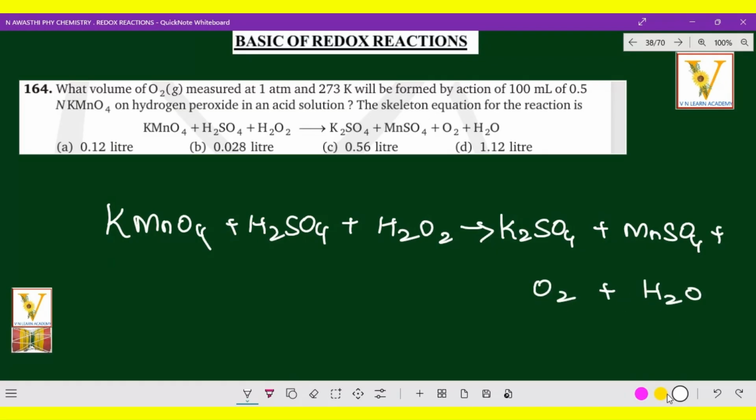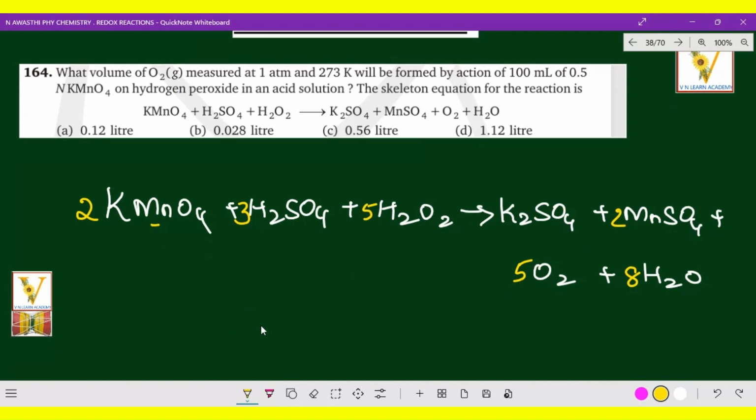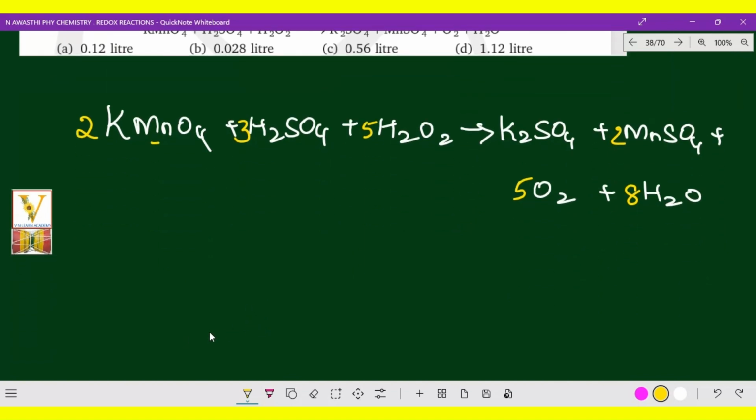Balancing the equation: K2 is there, so 2 KMnO4, 5 H2O2, the hydrogen peroxide, and 3 H2SO4. You will get K2SO4, 2 MnSO4, 5 O2 and 8 H2O. You just check, reactants and products are both equal. Yes, balanced.